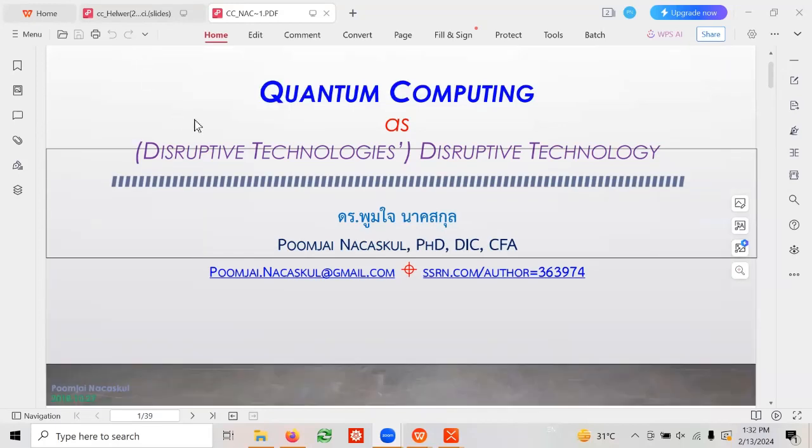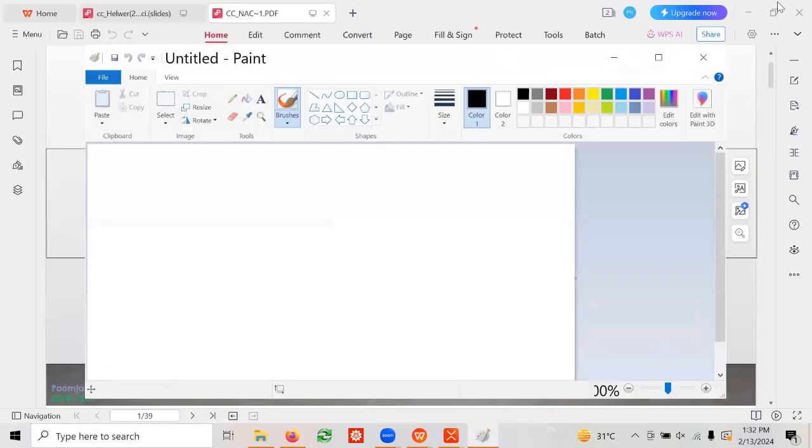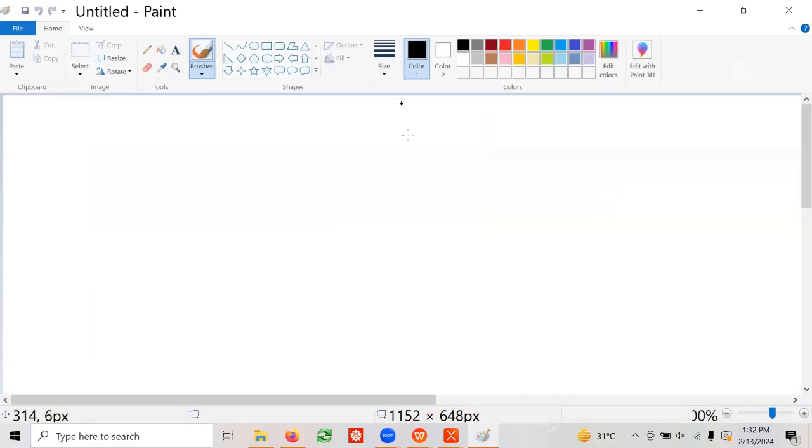Yes, it's all nonsense. Let me try this. Let me try Paint. I don't know if that's going to work. Okay, let's get a big line, and let's make it wavy. Oh boy. Pen. Okay.